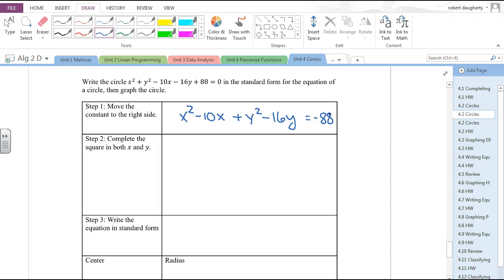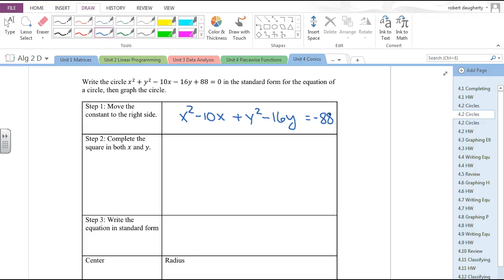Now, how do I complete the square? So here I need to complete the square in x and in y. What's the process for completing the square? Something we did yesterday. You take that x term or the y term, you take half of it, square it, and you add that.